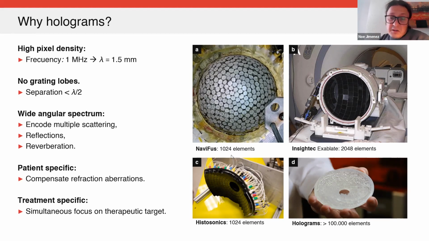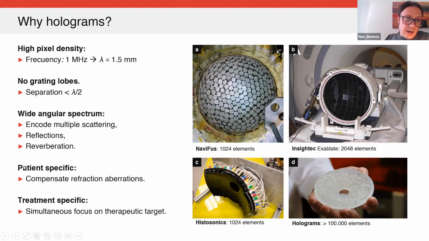In these state-of-the-art devices, they are using 1,000, 2,000 elements, and these holograms can encode in each pixel of a 3D printed lens the phase and amplitude information of one element of the phase array. So you can go probably 2 orders larger than the state-of-the-art technology using actually a cheaper approach.